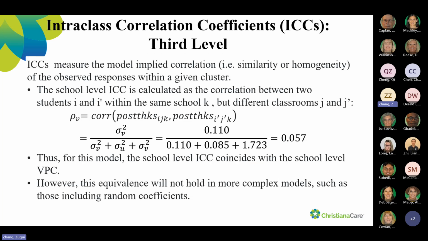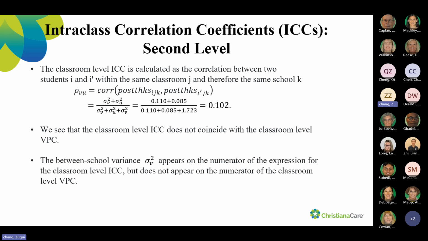Here we look at the school level ICC, and then if we look at the classroom ICC, this is 0.102. We can see the classroom level ICC does not coincide with the classroom level variance partition coefficient.